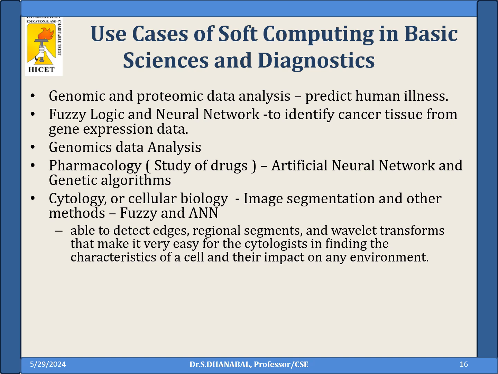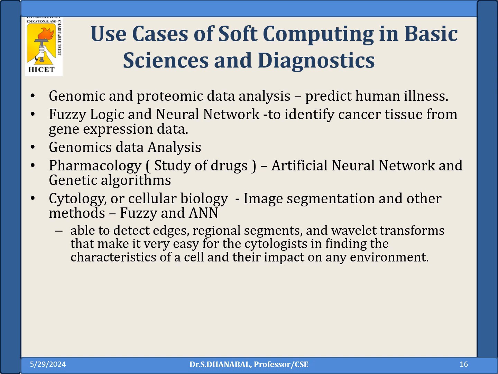When we are talking about genomic and proteomic data analysis, it can predict human illness, and we also have fuzzy logic and neural networks, which are used to identify cancer tissues from gene expression data. And we have genomics data analysis, which will identify the changes in the genes. Pharmacology, which is nothing but the study of drugs: artificial neural networks and genetic algorithms are highly used.